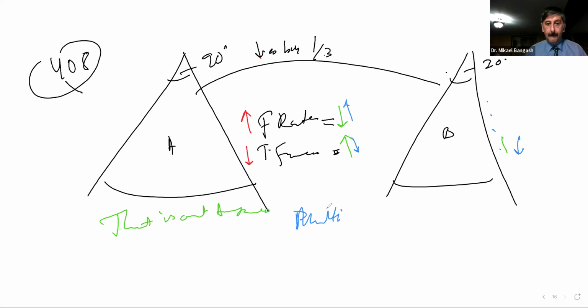Now PRF, if that is increased, would mean the same as going to a shallower depth. And a shallower depth would further decrease your T frame and further increase your frame rate. If that makes sense.